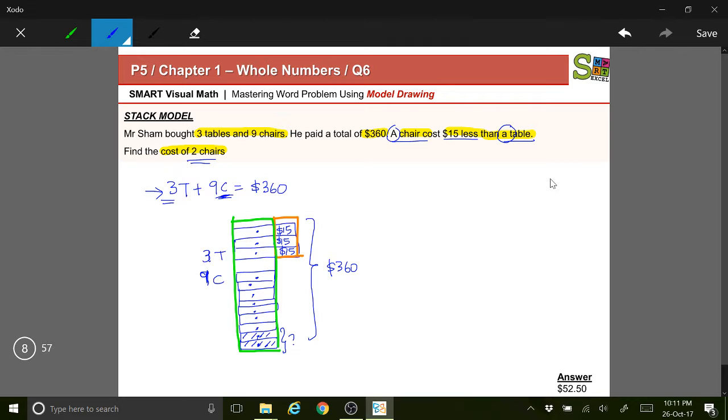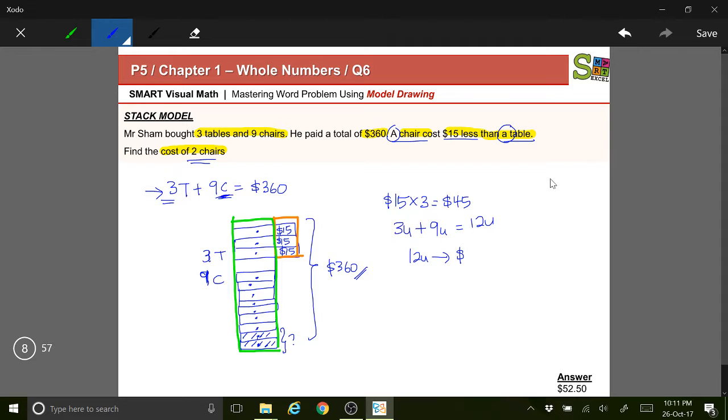Our first step is to take the $15 and multiply by 3, which gives us 45. Then we notice this green portion is actually our 3 units, the tables, plus the 9 chairs, 9 units, which totals 12 units, and these 12 units are equivalent to the total.